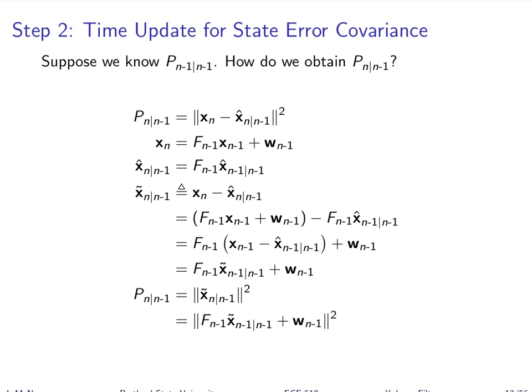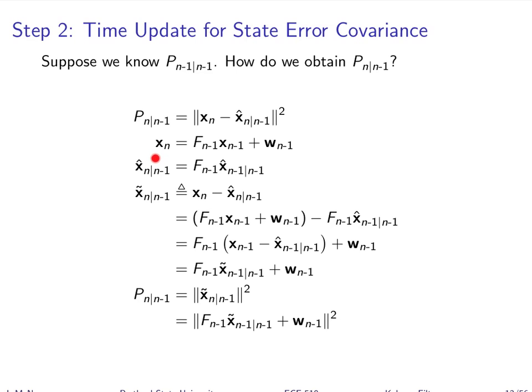Okay, so this time update for the state error covariance. We now know how to calculate the predicted estimate of the state, but how do we go from the filtered state error covariance at time n-1 to the predicted state error covariance? So something else we need to do. Well, if we look at how it's defined, it's the expected outer product of the error.